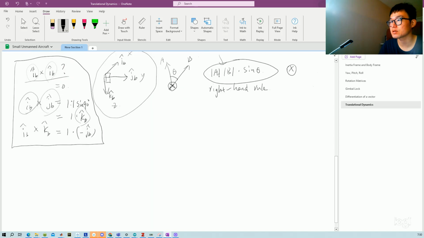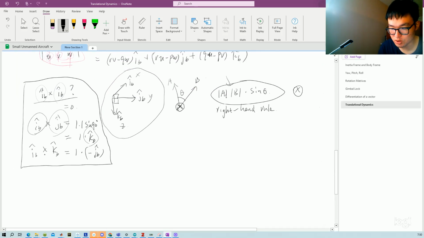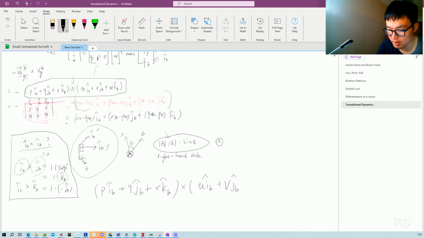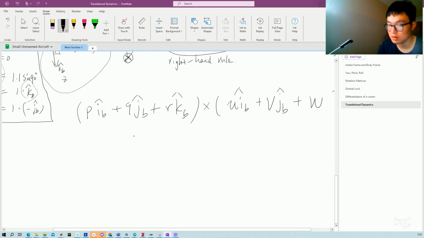So let's compute that. Essentially, P IB hat plus Q JB hat plus R KB hat cross product with U IB hat plus V JB hat plus W KB hat, and we just expand these.